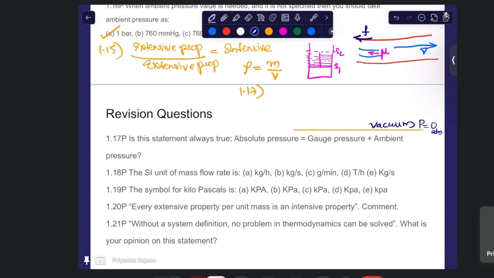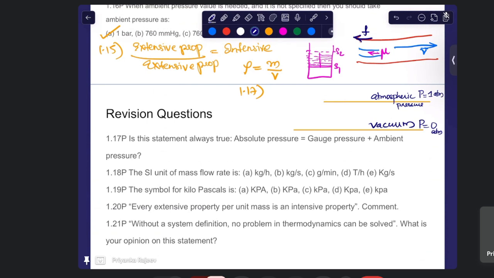Then you've got atmospheric pressure, that means P equal to 1 atmosphere.